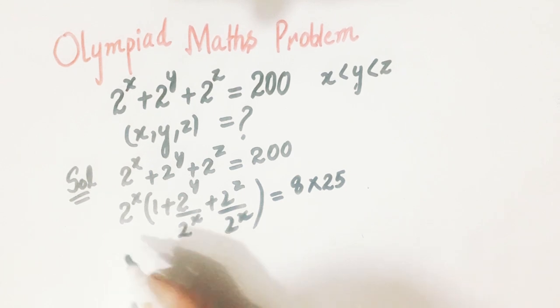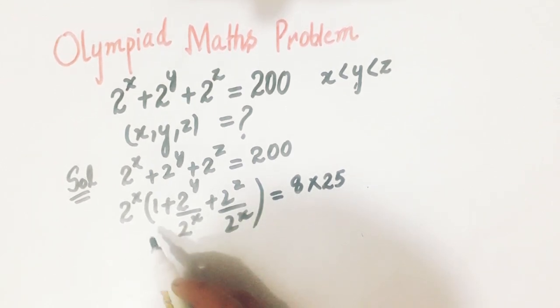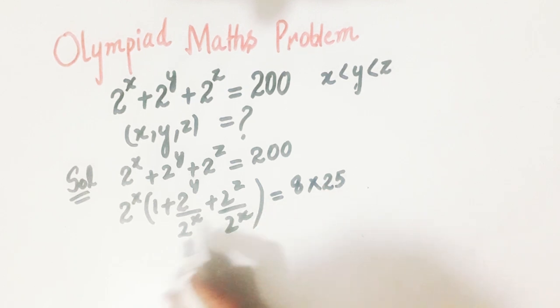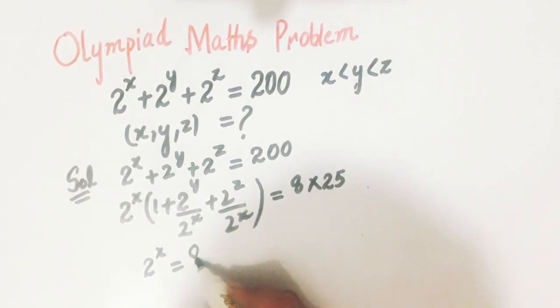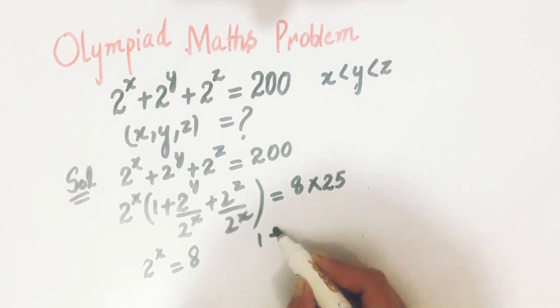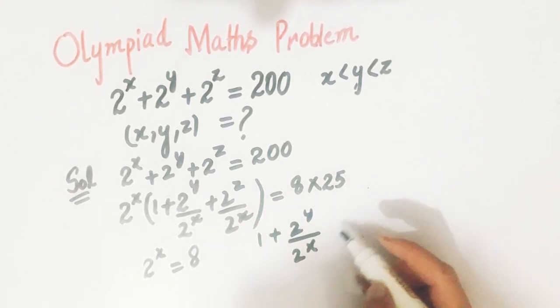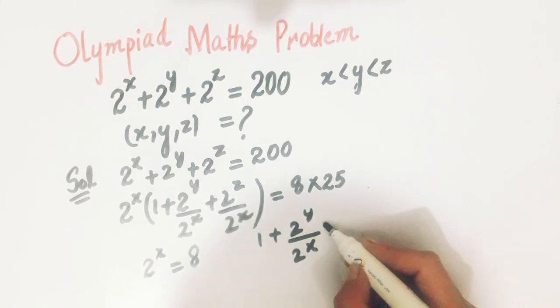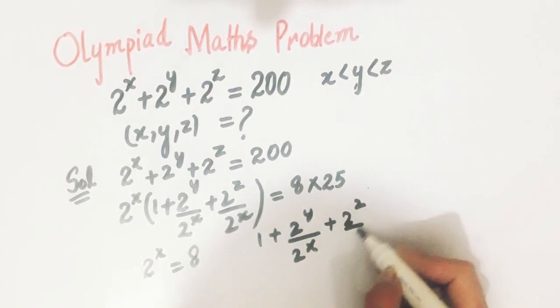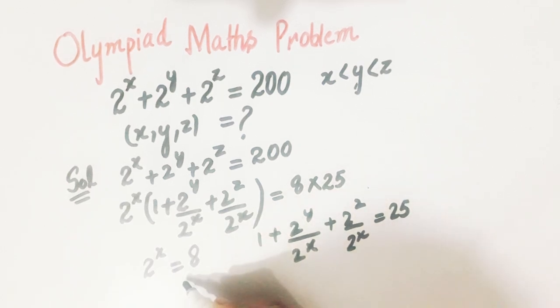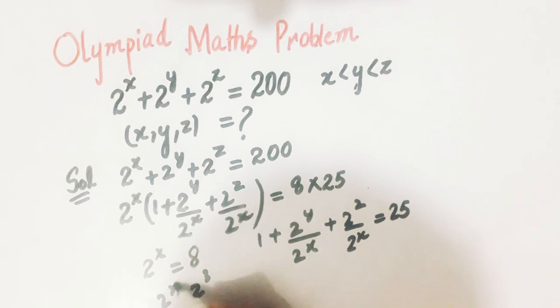Now this is the product of two terms, and the products of the two terms are equal. It means 2 raised to power x equals 8, and 1 plus 2 raised to power y divided by 2 raised to power x plus 2 raised to power z divided by 2 raised to power x equals 25. 8 can be written as 2 raised to power 3 and this is 2 raised to power x.